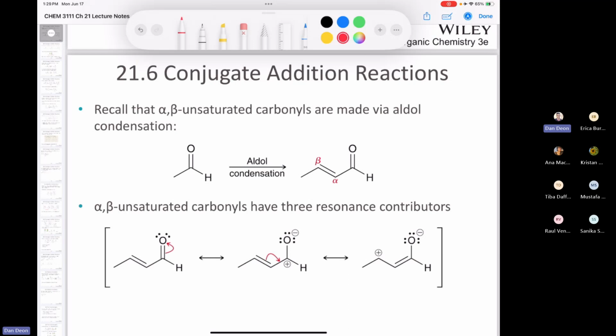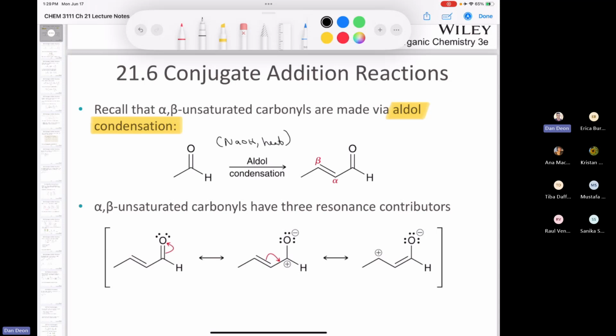So let's start. So it says, if you have an alpha beta unsaturated carbonyl, how do you make that? You make that via an aldol condensation. And we went over aldol condensation and aldol addition in detail, right? The difference with aldol condensation is that we use sodium hydroxide and what? Heat, right? Because we drove water out of the molecule.